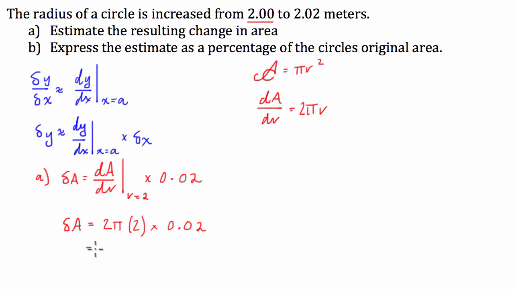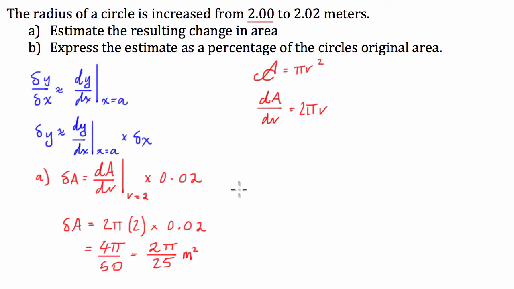Cool, so that's equal to, now 0.02 is 1 over 50, so we have 4 pi on 50, which is equal to 2 pi on 25, and the units are meters squared because it's area. We could approximate that, but why approximate that value when we can give an exact value?